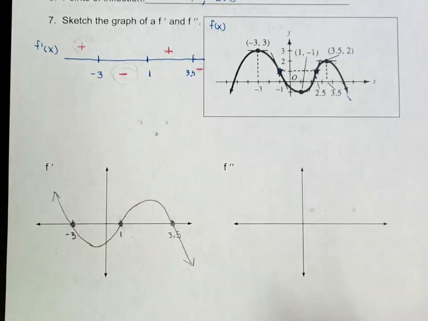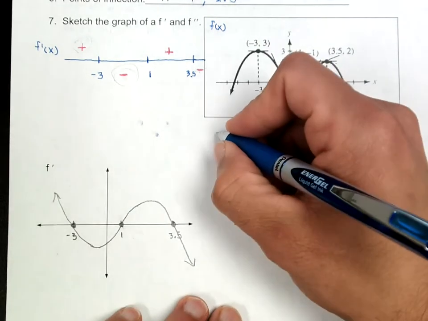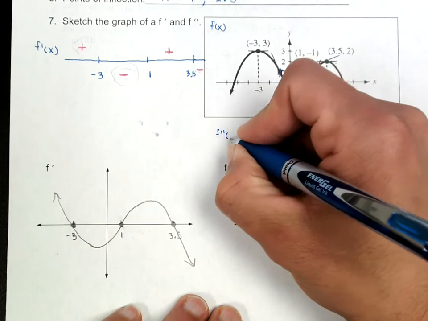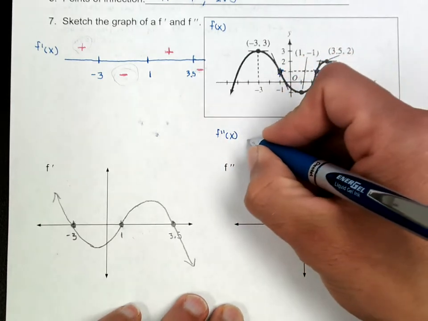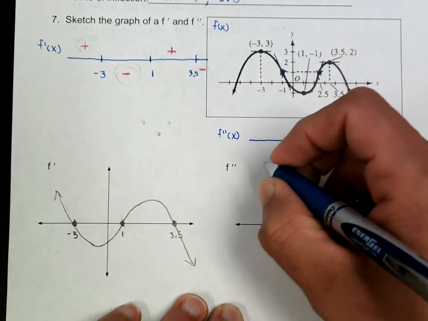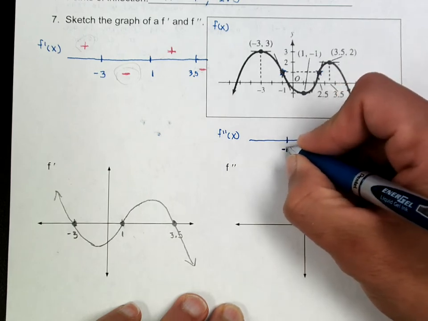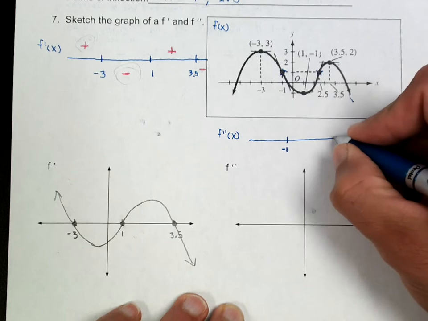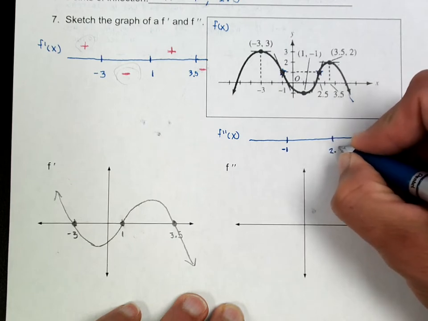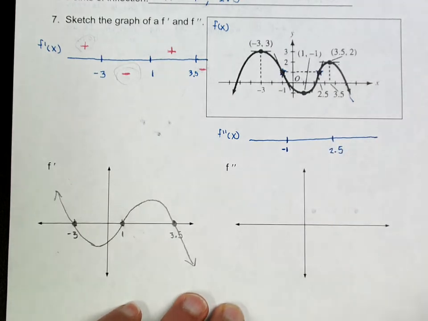All right, for the second derivative, I don't have to, but I'm going to do some sign analysis for the second derivative. But instead, I'm going to put my points of inflection here. Remember, this has to do with concavity, right?